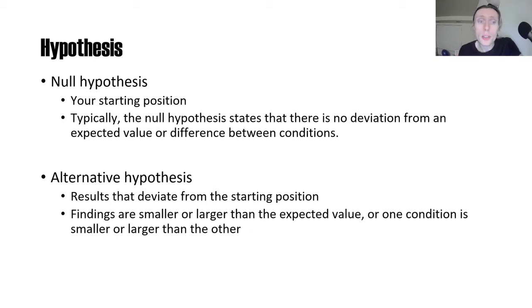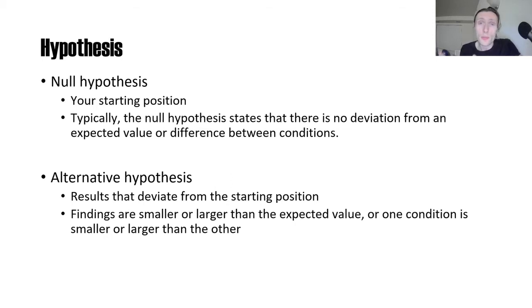Now the alternative hypothesis is a result that deviates from that starting point. And that's typically what we're after. So it's a little bit interesting that the null hypothesis, our starting point, is not the real thing we're after. We're basically after the alternative hypothesis. And those are the results that deviate from your starting point.